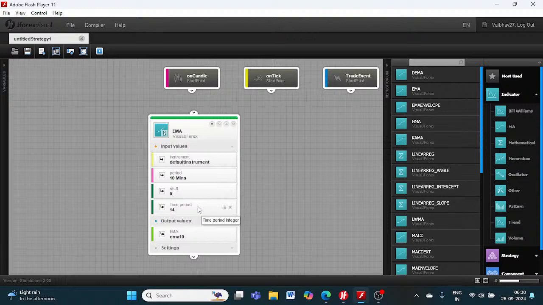Then the calculation of the EMA for the given time period will be defined by this parameter, whether you want to work with 14, that is the default setting, or change it to whatever suits your purpose, can be done here by incorporating this calculation period for your EMA.